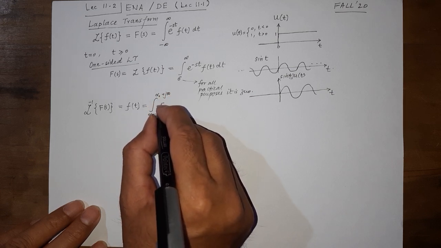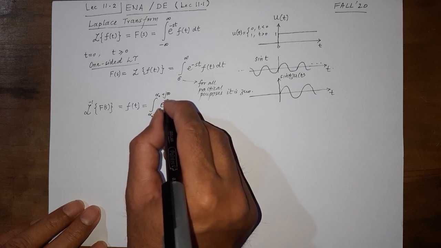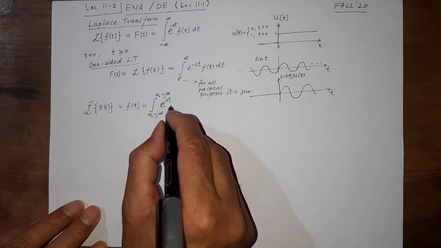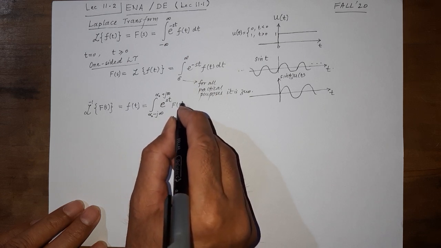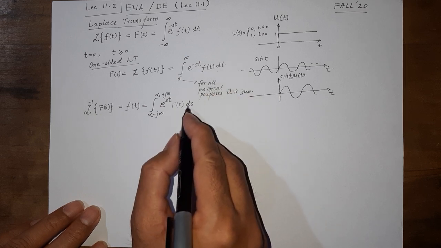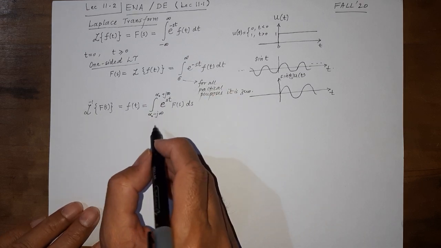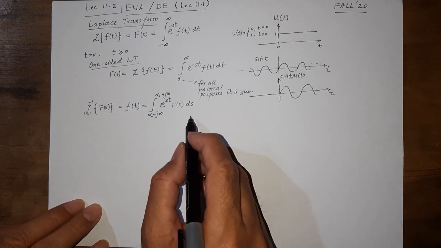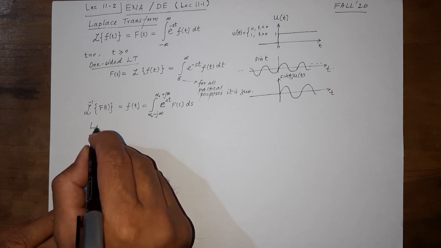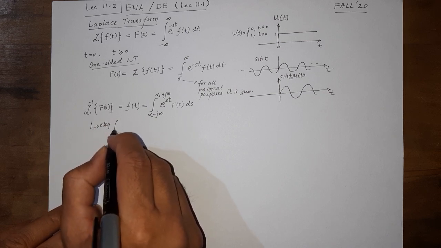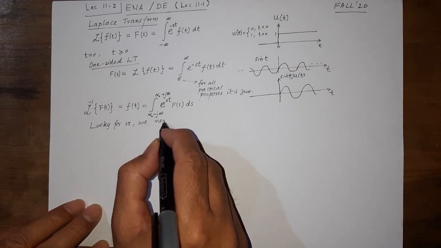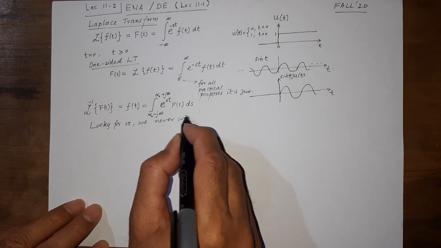F of s gets multiplied by e raised to the power st, with respect to ds. Here we have e raised to the power minus st with respect to dt; there we have e raised to the power plus st with respect to ds. This is a very complicated integral, and lucky for us, we will never solve this.